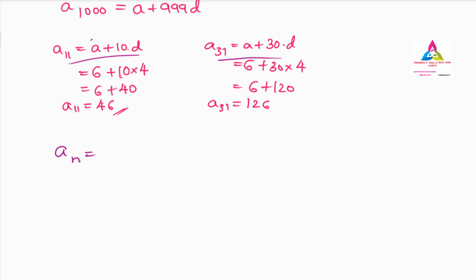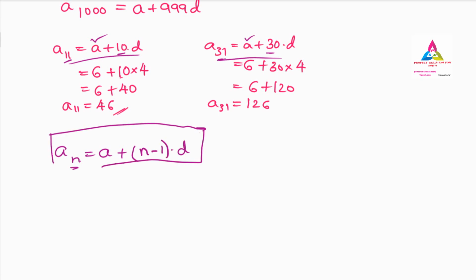Write down A, plus here instead of 11 we have 10, instead of 31 we have 30. Here we have n, so what do we write? That is 1 less, n minus 1 into d. So this is your formula to find the nth term of an AP.